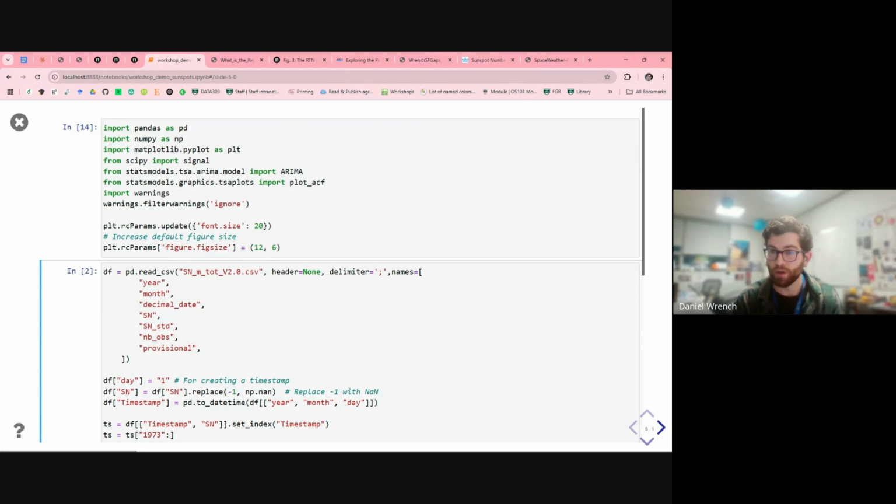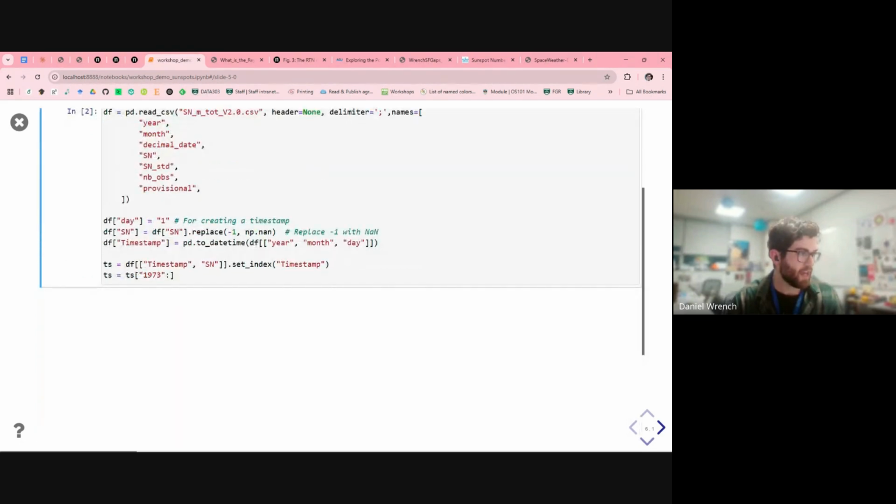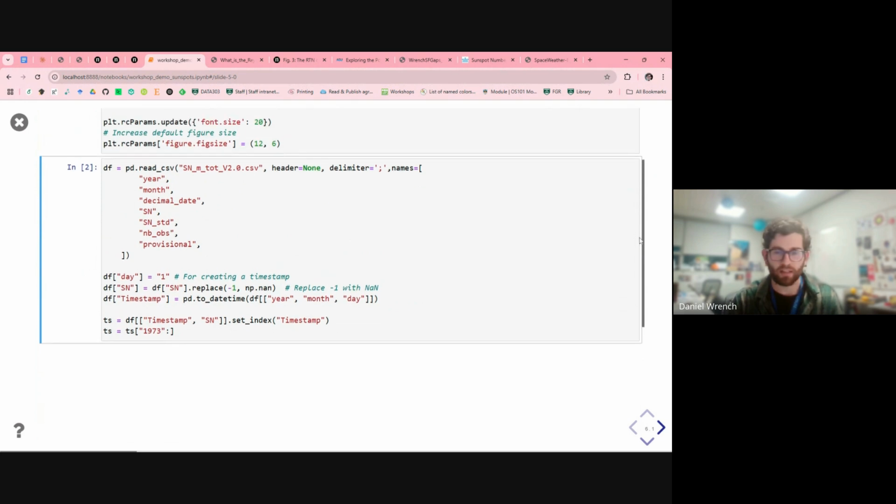And now, as the example data set we're going to deal with, we're going to use some measurements of sunspot numbers. A very classic time series example is the sunspot counts over many centuries now. We have data for, we won't be using all of that. So we're just reading that CSV, and the important part of handling time series in Python, at least if you're using pandas, is setting this timestamp index.